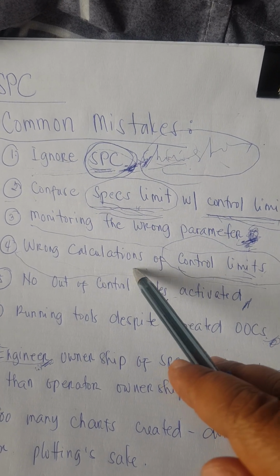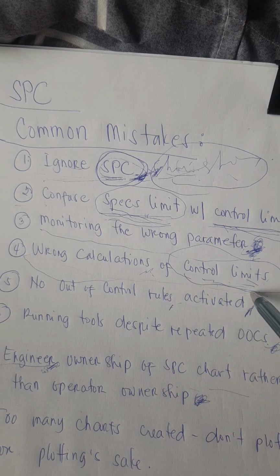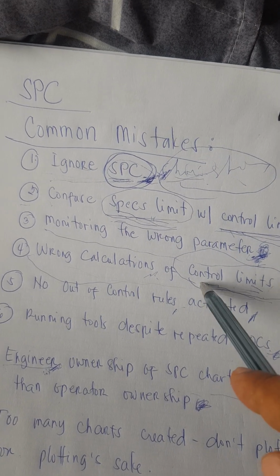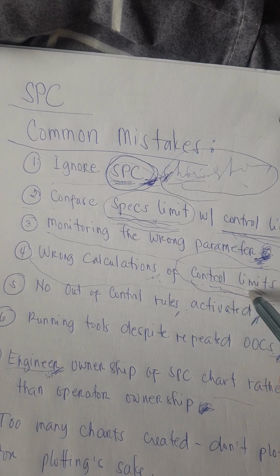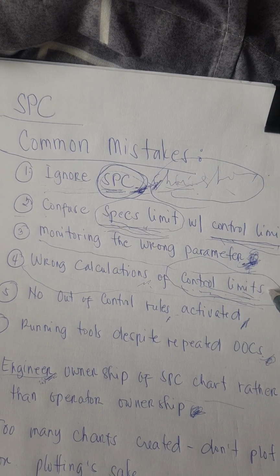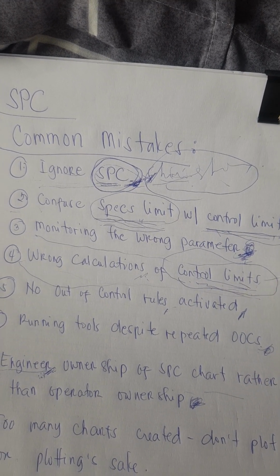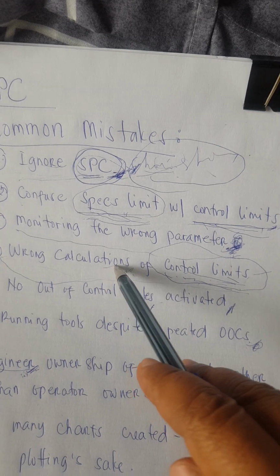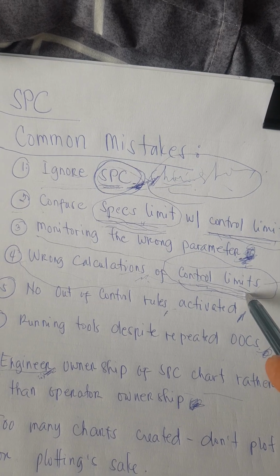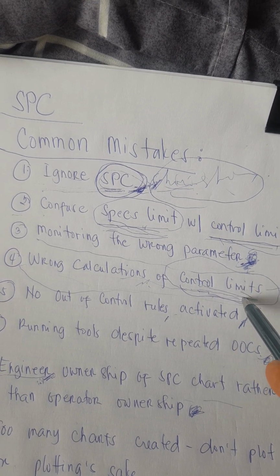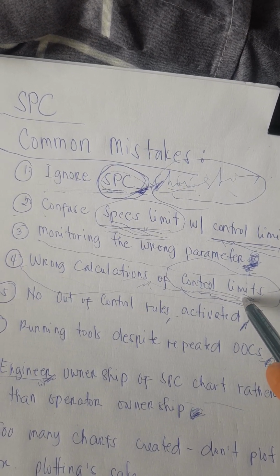Number four, wrong calculations of control limits. There are rules in calculating control limits. I will separately do some discussions on this. But wrong calculation of control limits is misleading, guys. We need to depend on the data that we are gathering.